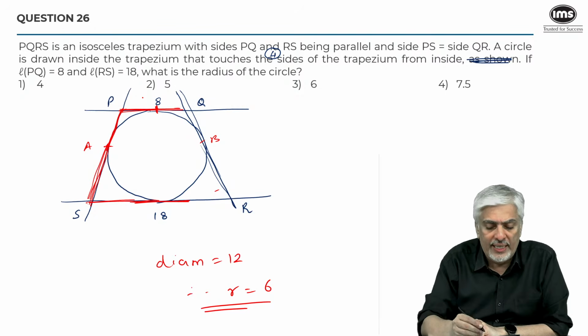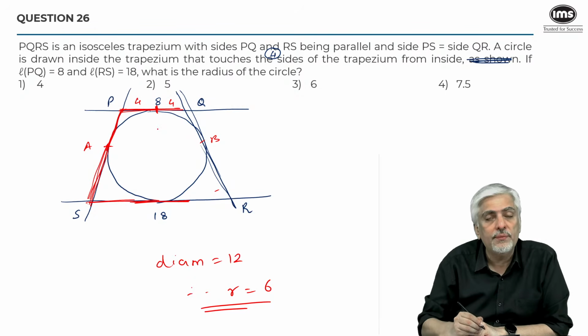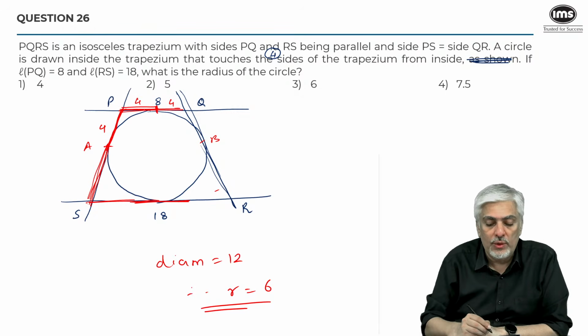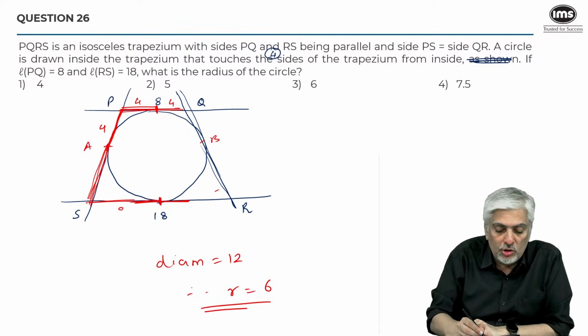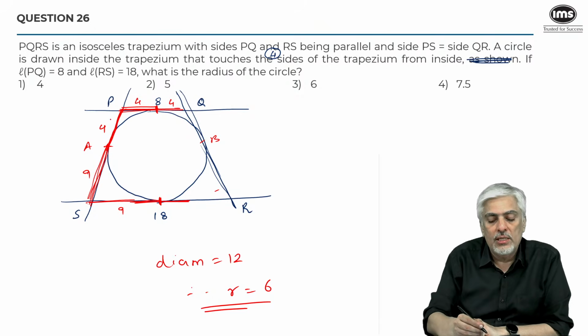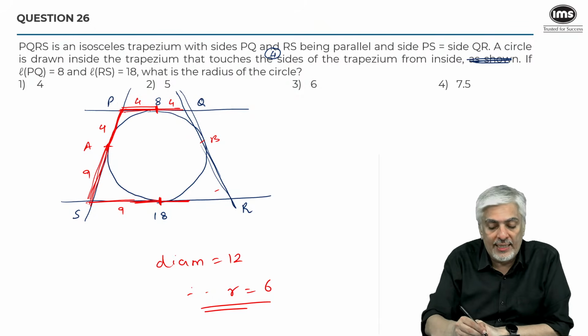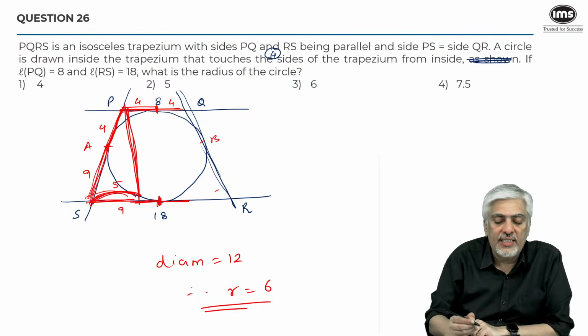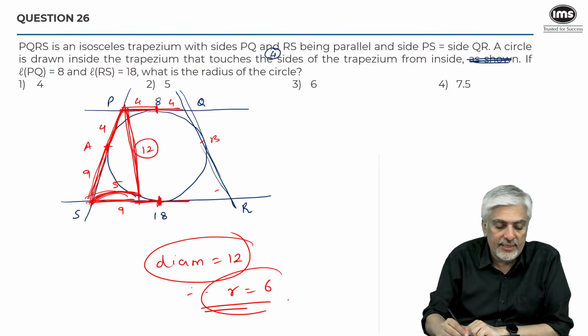But if you assume, great. That means this is 4, this is 4. Therefore, this will also be 4. Tangents drawn from a point outside the circle are equal. Same logic, this will be the midpoint, so this will be 9, this will also be 9. So therefore, PS becomes 13. And now you can use the Pythagoras theorem. This much comes out to be 5. 9 was still here. This is 5. 5 and 13, Pythagoras. So height comes out to be 12. Diameter is 12. So radius is 6.